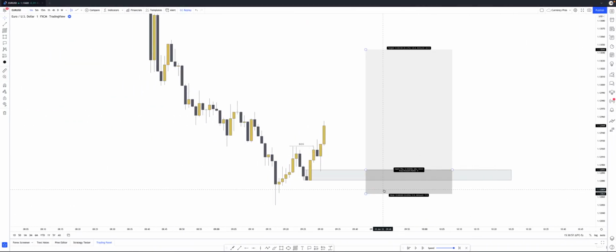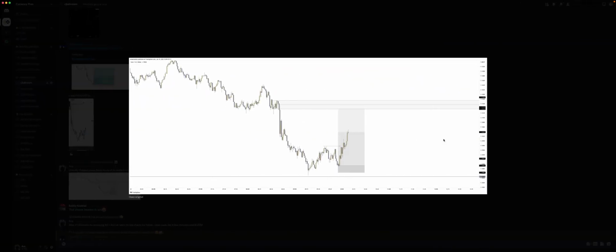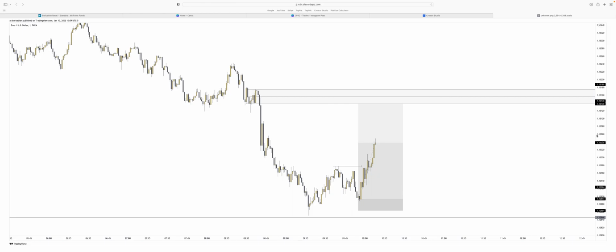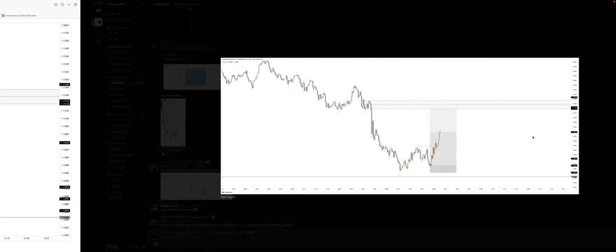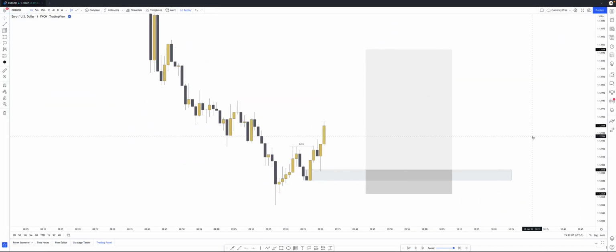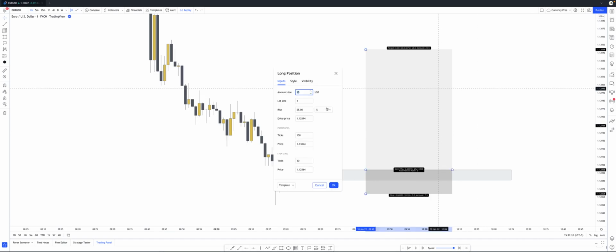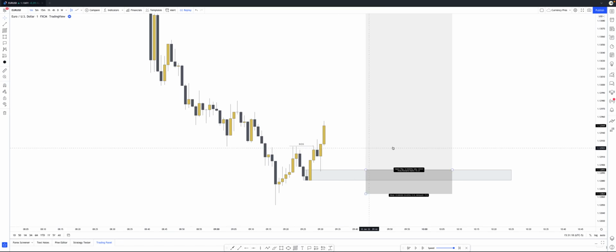So I had a 3 pip stop loss and it was a 5R trade, right? So where are we here? Yeah, it was not a 5R trade, it was about an 8R trade.